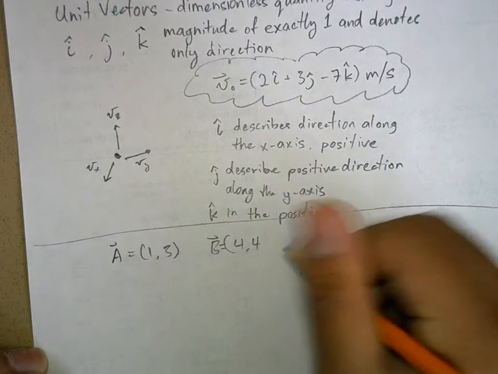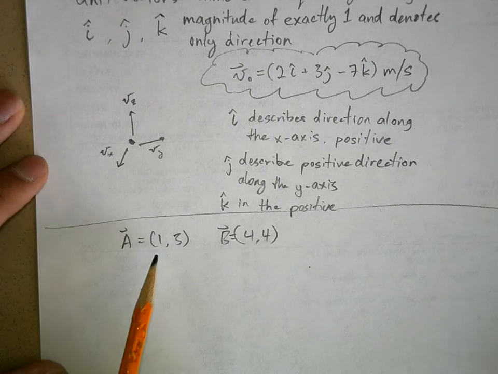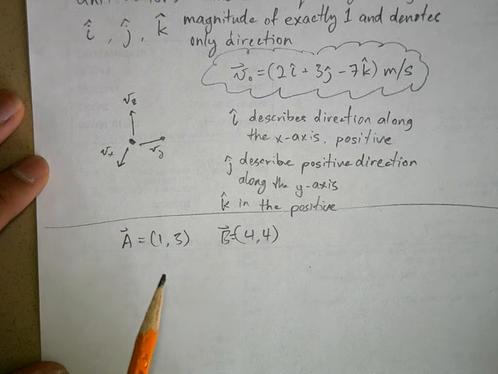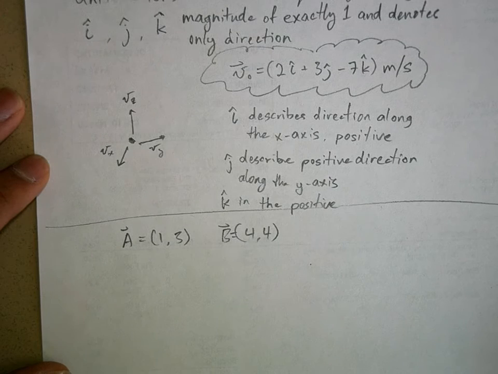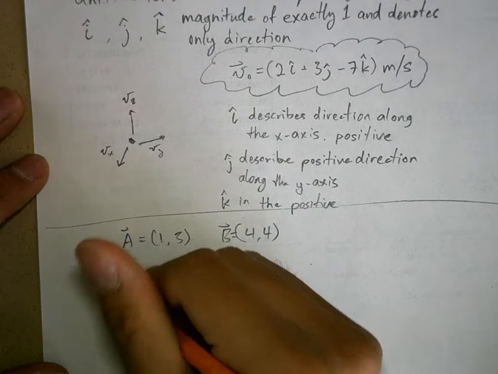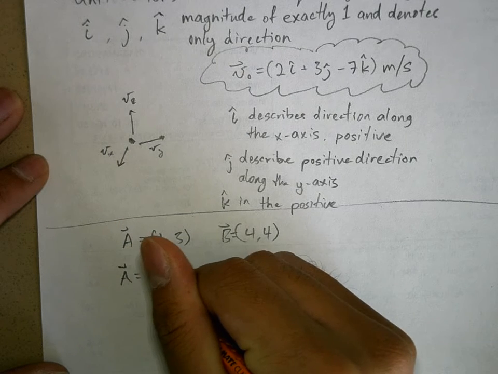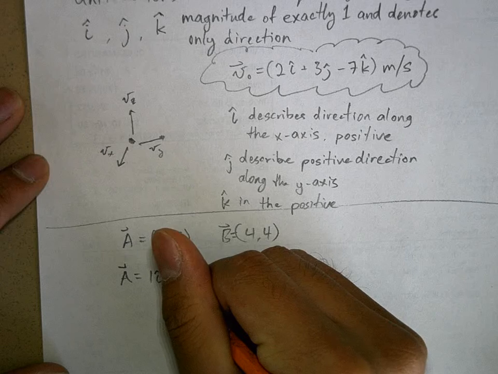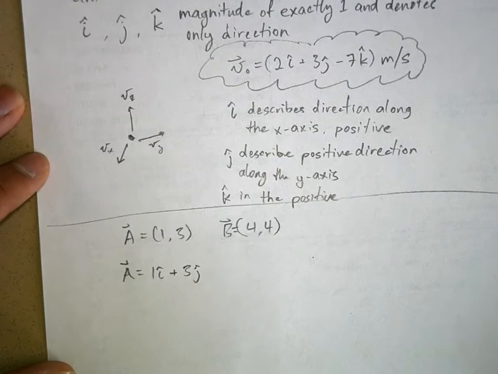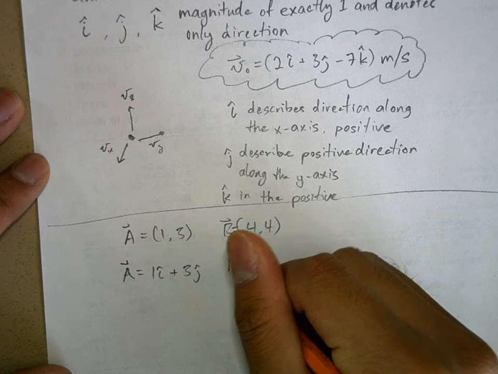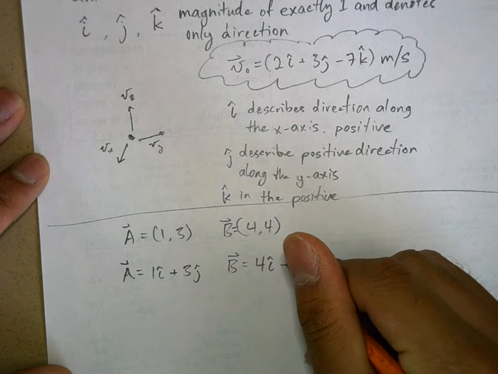All you have to do is say vector A has 1 unit of x direction and 3 units of y direction. So you can say vector A is going 1 unit in the i hat direction and positive 3 units in the j hat direction. And for vector B, we're going 4 in the i and 4 in the j.